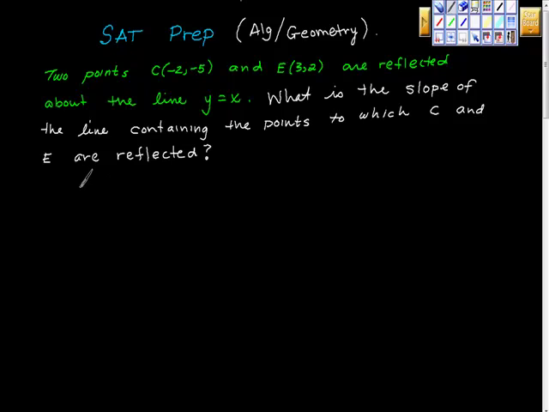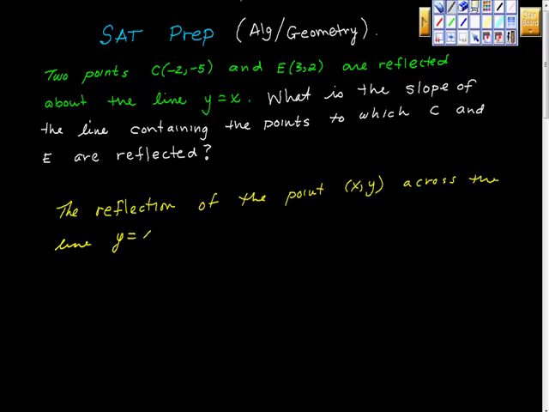One rule is this: the reflection of the point x, y across the line y equals x is the point, check this out because you're not going to guess this, y, x. The x and y values of the point are switched. I hope you're looking these rules up, because it's just something you have to have memorized.